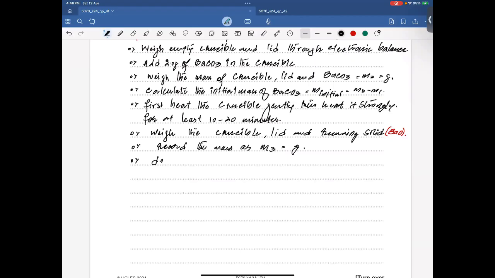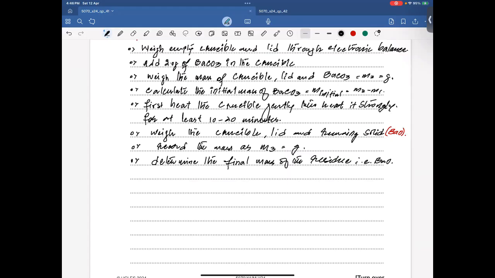Determine the final mass of the residue, and that residue is basically barium oxide.